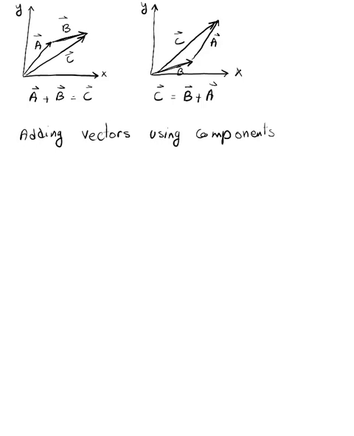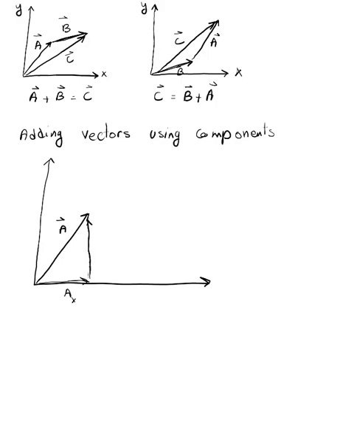For example, I'm going to draw this figure for you. I have vector A, and the components are Ax and Ay.